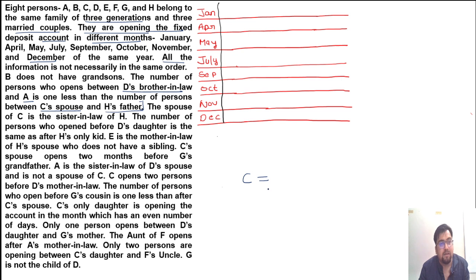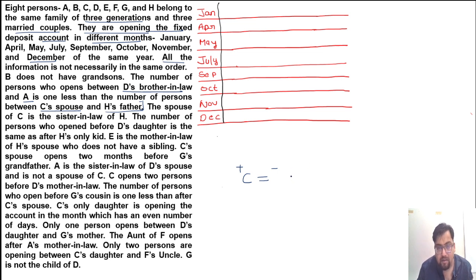Spouse means partner. That partner is a sister-in-law. So what is the gender of C? That will be the male member. The spouse of C is a sister-in-law of H. That can be in 2 various ways, so let me draw both of the ways.